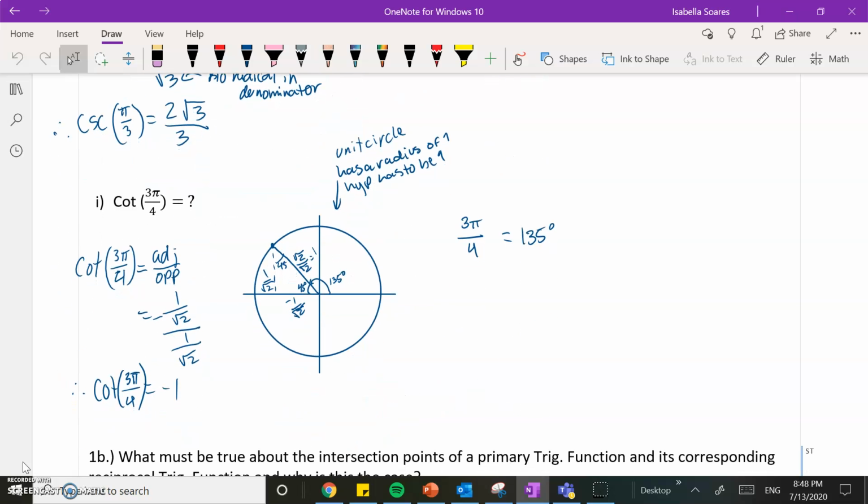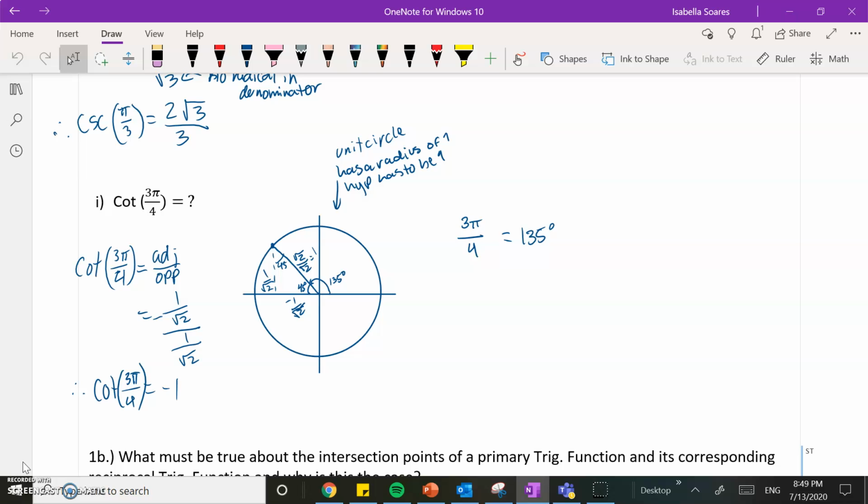And lastly, the last trigonometric ratio was the cotan of 3 pi divided by 4. And I knew that 3 pi divided by 4 was equal to 135 degrees because I had memorized it. And then I drew my unit circle, and I knew that because this trigonometric ratio had an angle in standard position at 135 degrees, then the related acute angle would have to be 45 degrees.